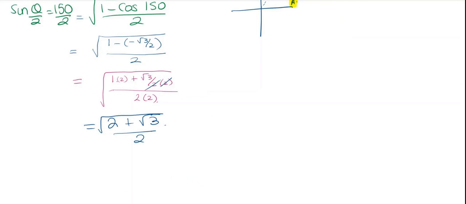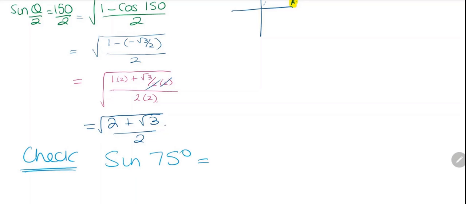Now, we're going to check our answers are correct. So this is how we can do it. We were asked to find sine of 75 degrees. And we worked out that the square root of 2 plus root 3, divided by 2, is the same value. So if you put both of these into our calculator, we can check.